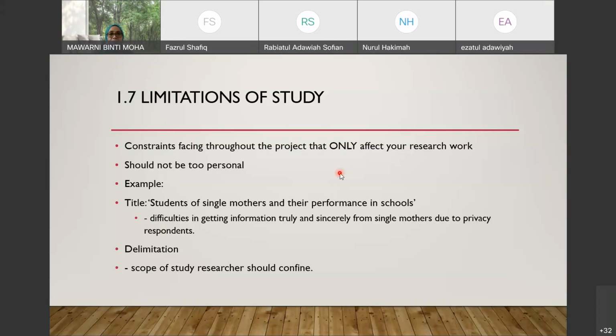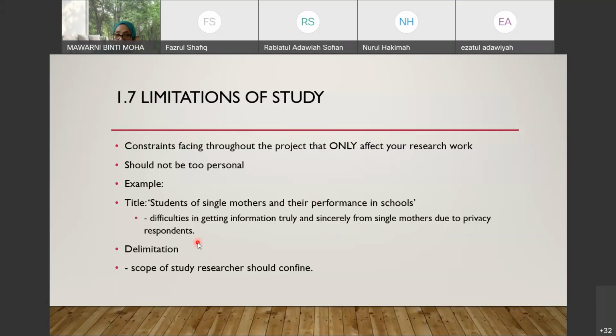For example, the title of your research is Students of Single Mothers and Their Performance in Schools. So you have difficulties in getting information truly and sincerely from single mothers due to privacy of respondents. That is your limitation. So instead of getting, let's say you expect to get 100, you only get 80.